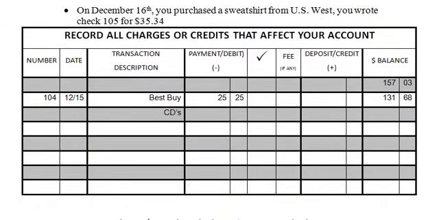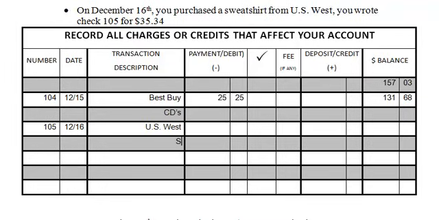On December 16th, you purchased a sweatshirt from US West. You wrote check 105 for $35.34. First things first, enter the check number, followed by the date. Then we do our transaction description, which is US West. Do our memo.